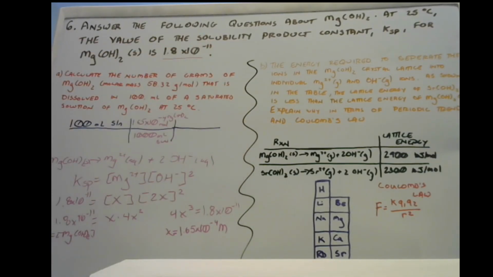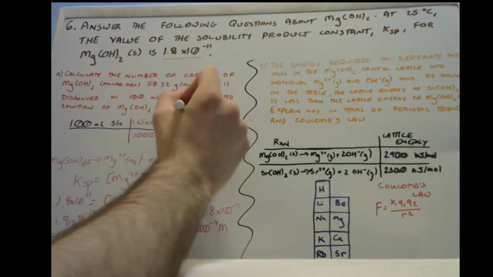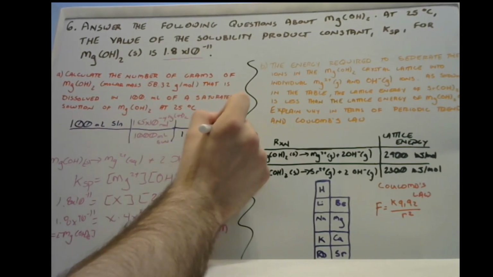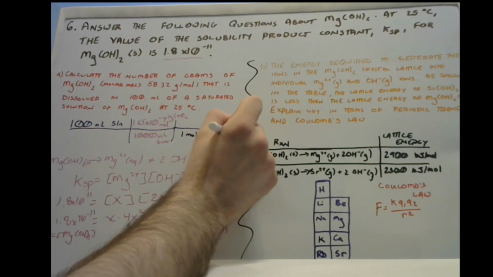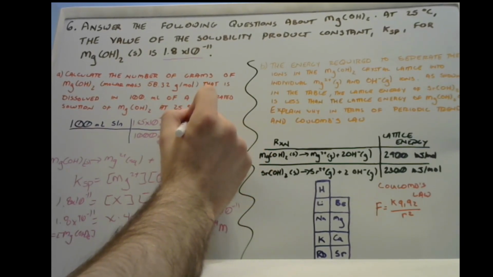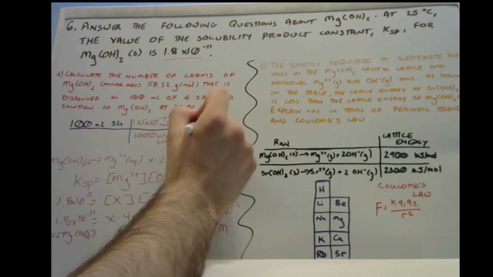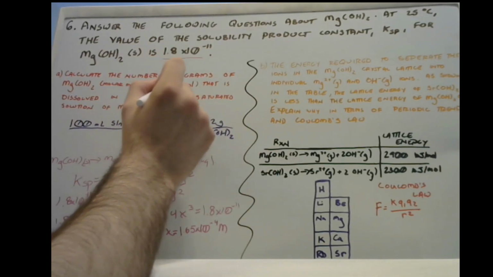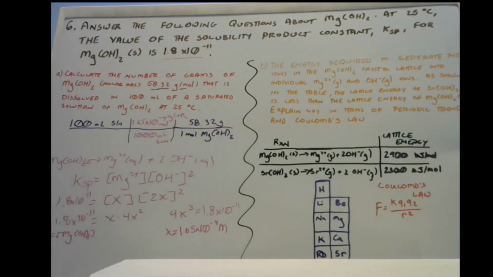And now we can use our molar mass to go, well, 1 mole of magnesium hydroxide is 58.32 grams, coming from right here.